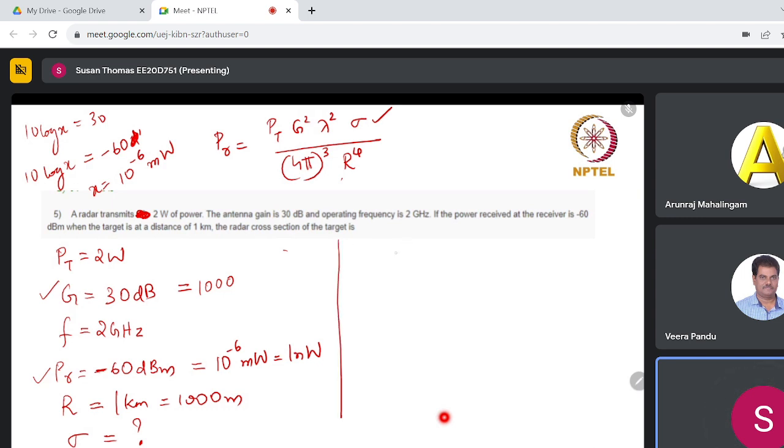Now substitute and find sigma. PR into 4 pi the whole cube R raised to 4 divided by PT G square lambda square.